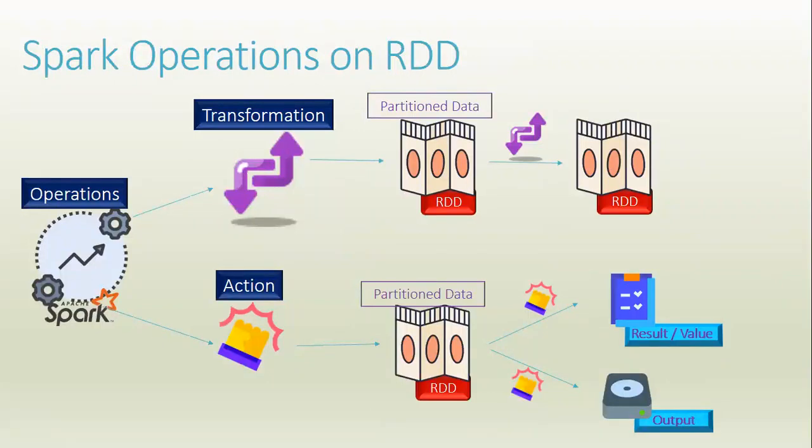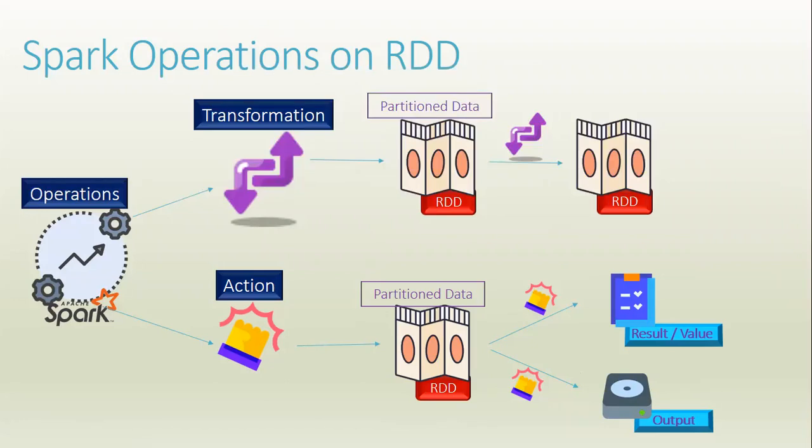With respect to the operations on RDD that we had seen earlier, there are two types of operations that can be performed on an RDD. The first one is a transformation. The transformation, when applied on an RDD, gives us an RDD back. And an action, when applied on the partitioned data, will either give us a result or a value or write the data back to the disk.